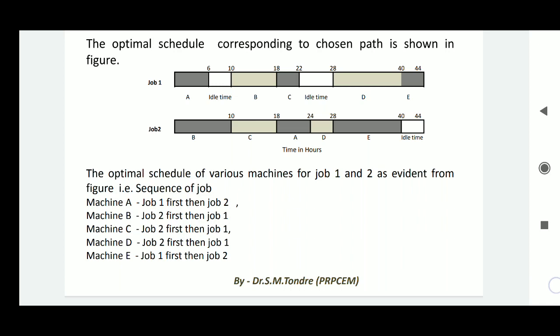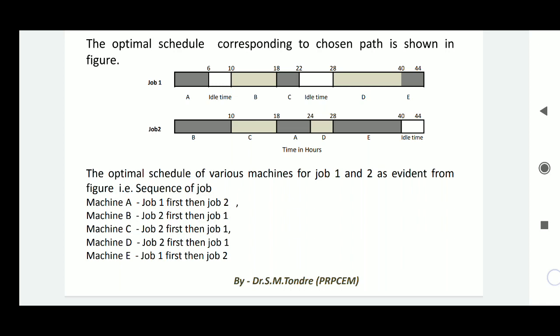So what is the sequence of the jobs on the machines? Consider first machine A. From this optimal schedule you can observe that job 1 will be processed first on machine A and job 2 next. Then observe machine B: job 2 will be processed first and then job 1.